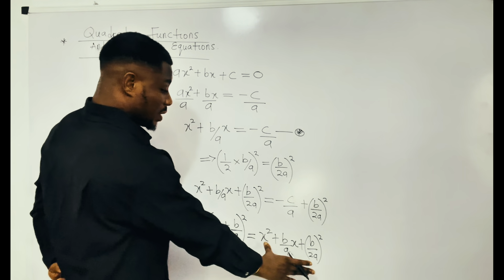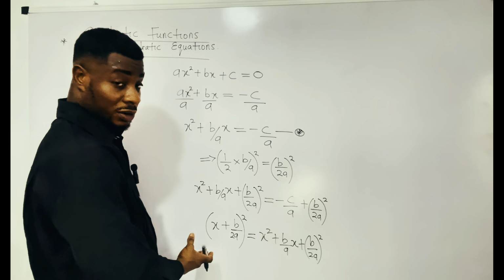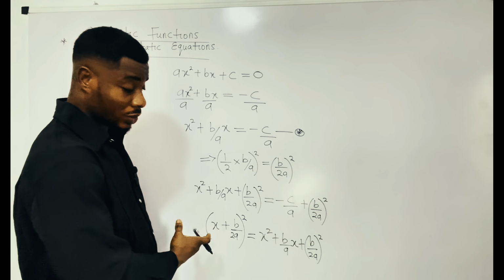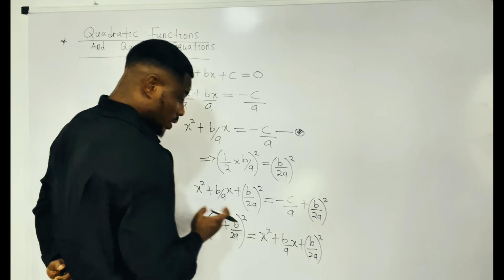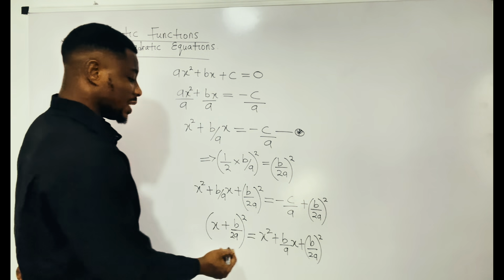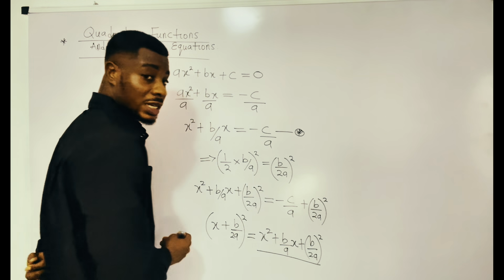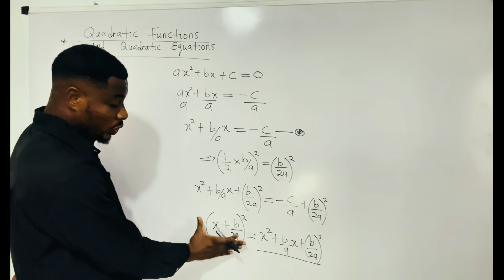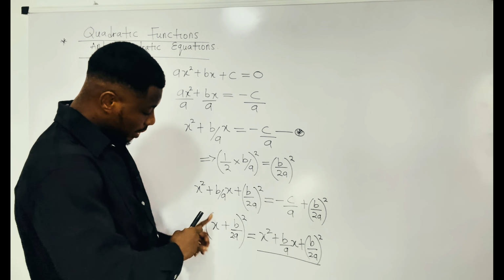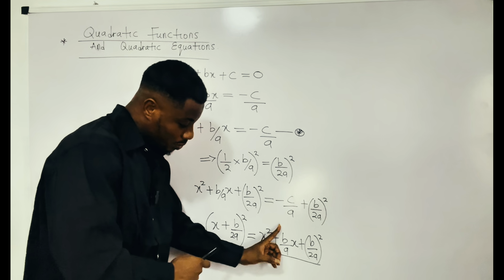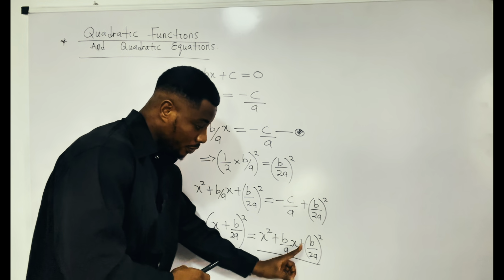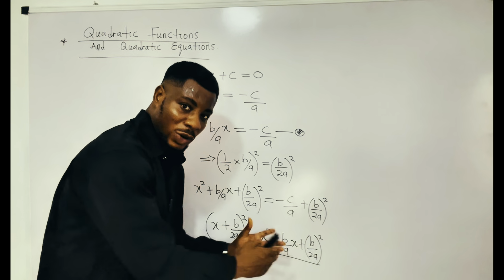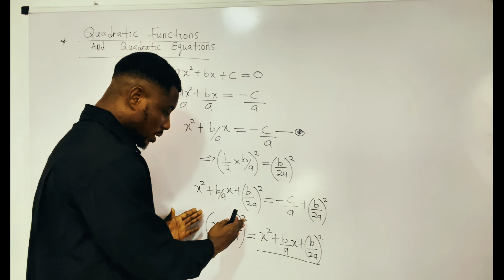So this is something you can try: expand it yourself, and you see that it gives you exactly the same value. This is equal to this. Now it means that when I see this, I can easily replace it with this. So in this equation, where I see x squared plus b over a of x plus b over 2a squared, I could replace it with this.